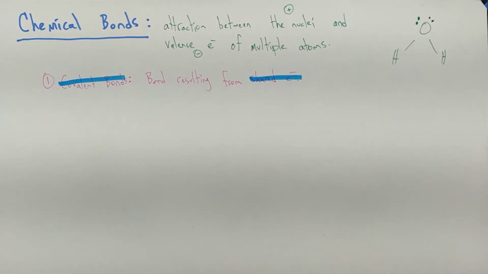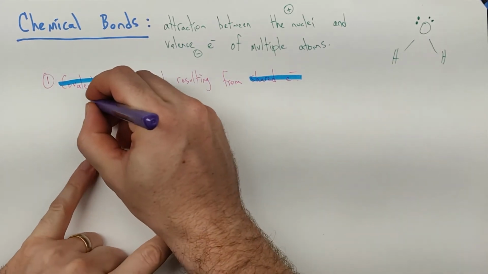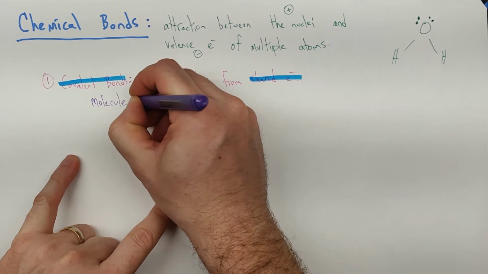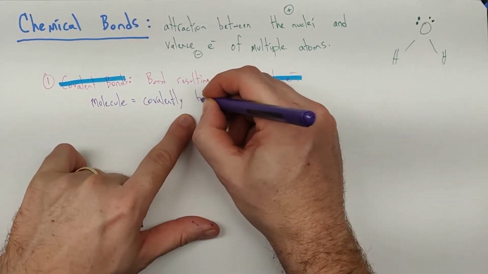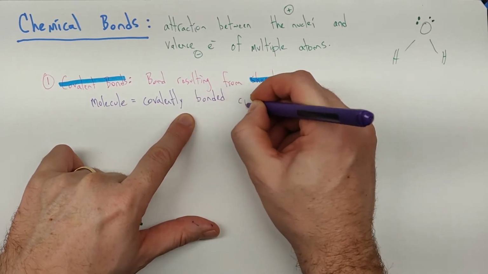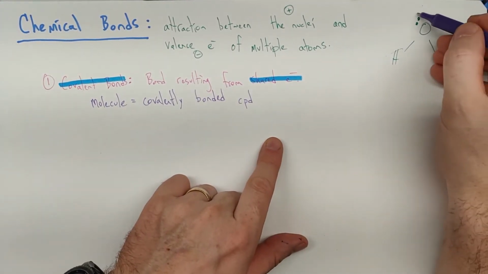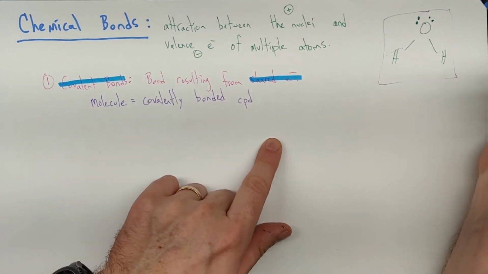When we talk about a covalently bonded compound, we have a name for it that you've seen before, and that name is molecule. That is a covalently bonded compound. And for practical purposes, it exists as an independent entity. This thing right here, 2 H's attached to an O, we call that a molecule.